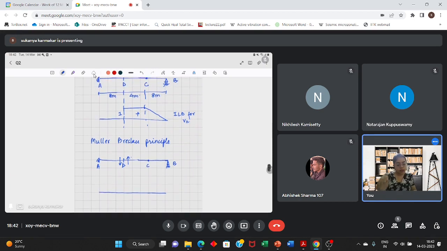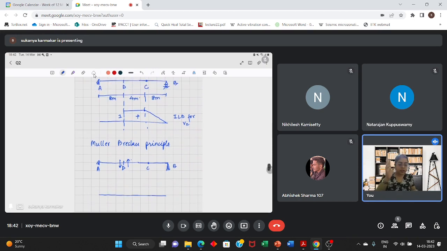Now here A is a fixed support. And how can you move it down without disturbing that support? You cannot allow any rotation at point A. So without breaking it, you can't move it down. So there will be no motion in the part AD. So the remaining part DCB will undergo motion.